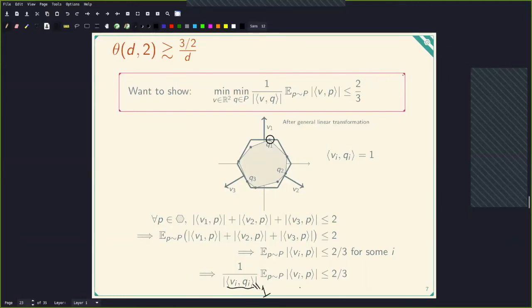And hence this average, this weird expression right here, is indeed at most 2/3, just by a pigeonhole and using this hexagon. And it turns out that this is tight if I can reverse engineer all of these steps, basically take the hexagon here and reverse engineer everything in order to get a construction for the original problem.